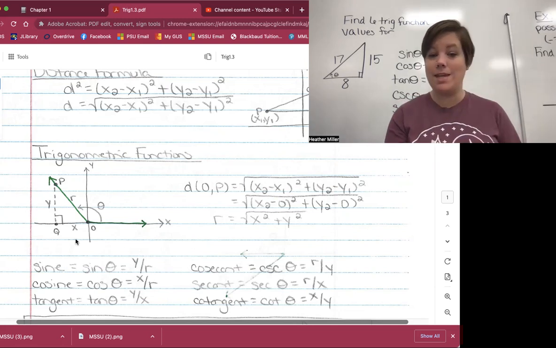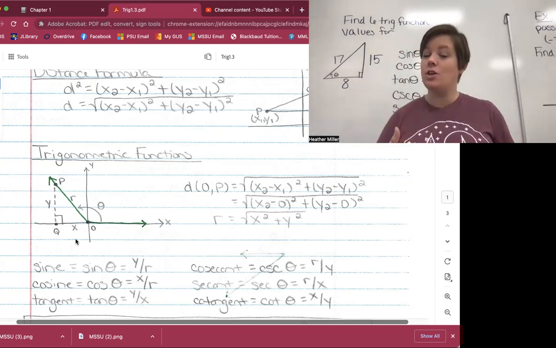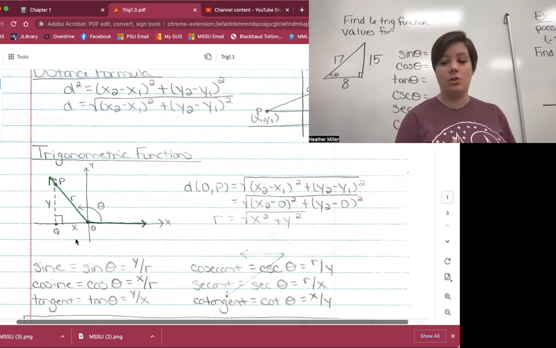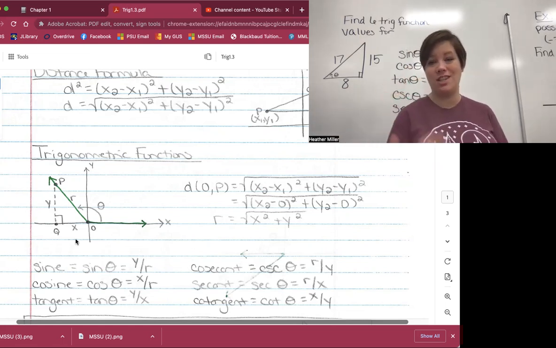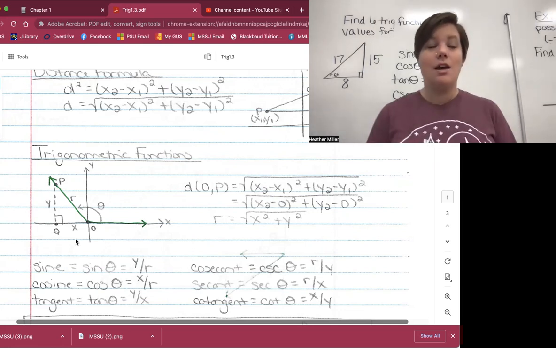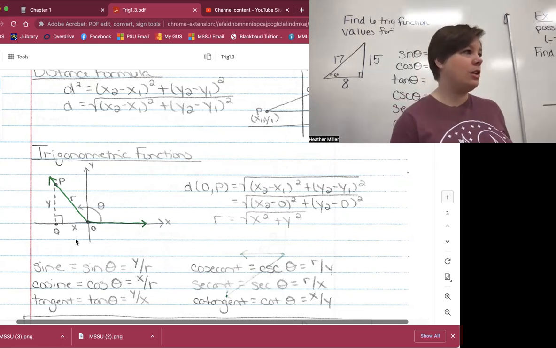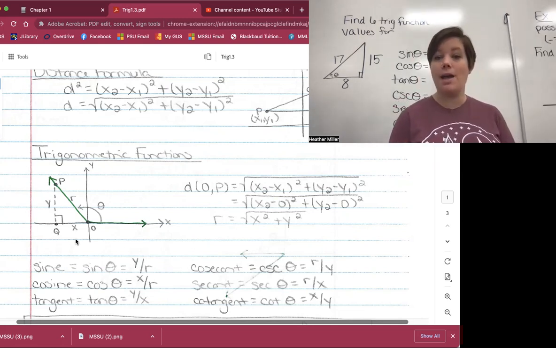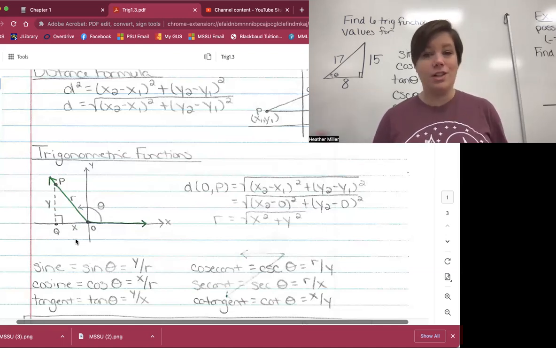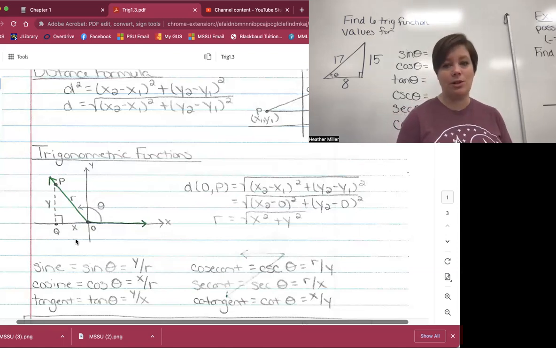I recommend making yourself a page of notes, at the beginning of your notebook, where you can put big information, things that you should memorize, and you should add to that. There's going to be a lot of it. For some of the tests, I will give you a formula sheet, but if I give you a formula sheet, I'm going to give you a lot of formulas that you are never going to need, because you're going to need to know which ones you actually do need to utilize.